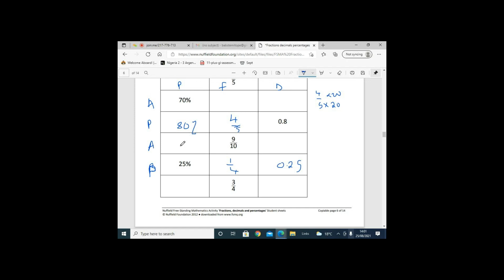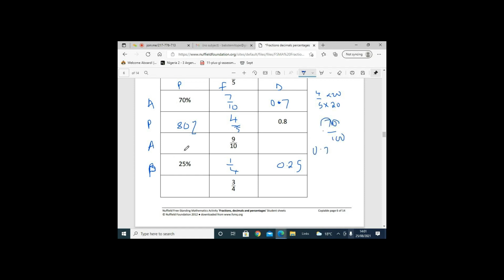0.9. Okay. My first one, 70% to fraction. I got 7/10. Yeah, correct. And so decimal, I got 0.7. Divide 70 by 100. Can you see 2 decimals here?